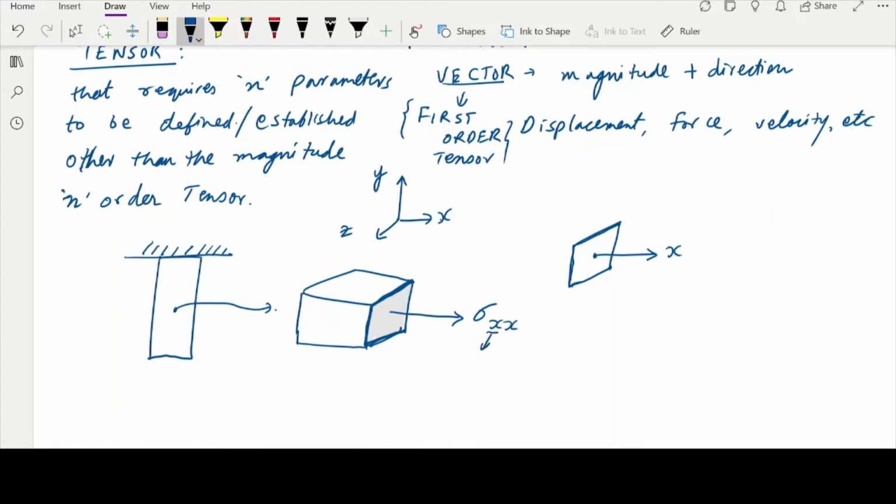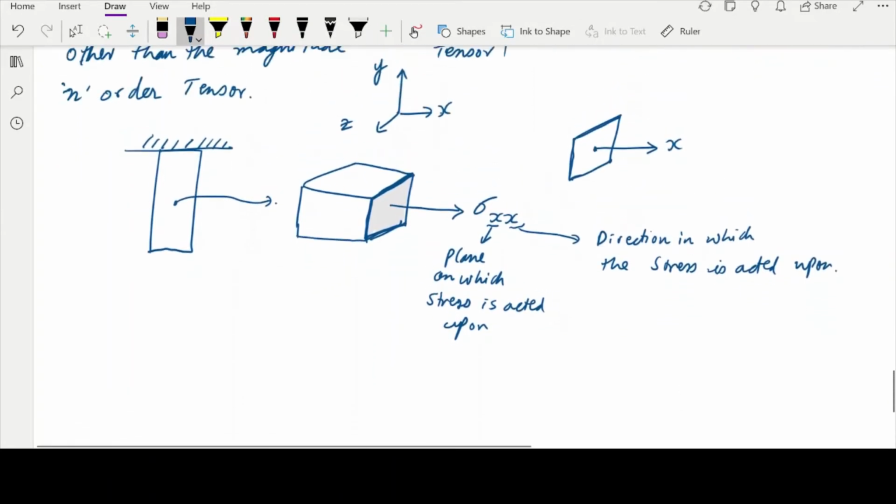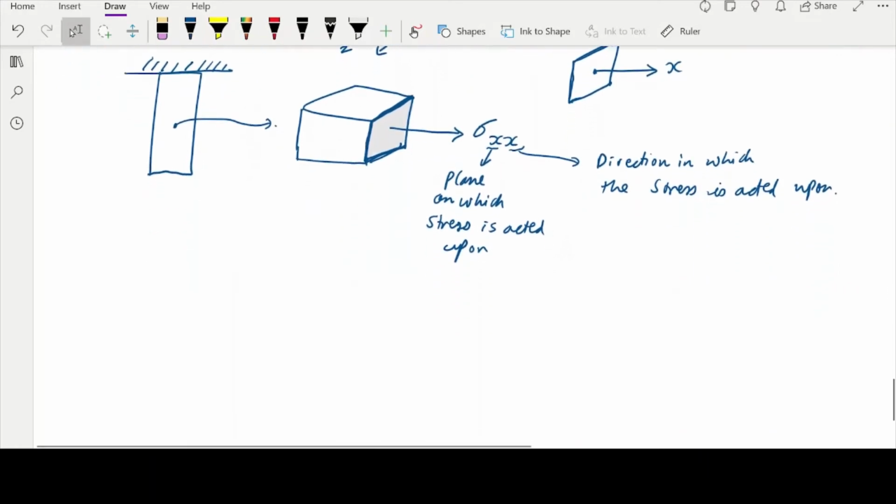So the first subscript denotes the plane on which the stress is acting. The second subscript shows the direction in which the stress is acting, right? Now let's see ahead, and let me explain this as well.